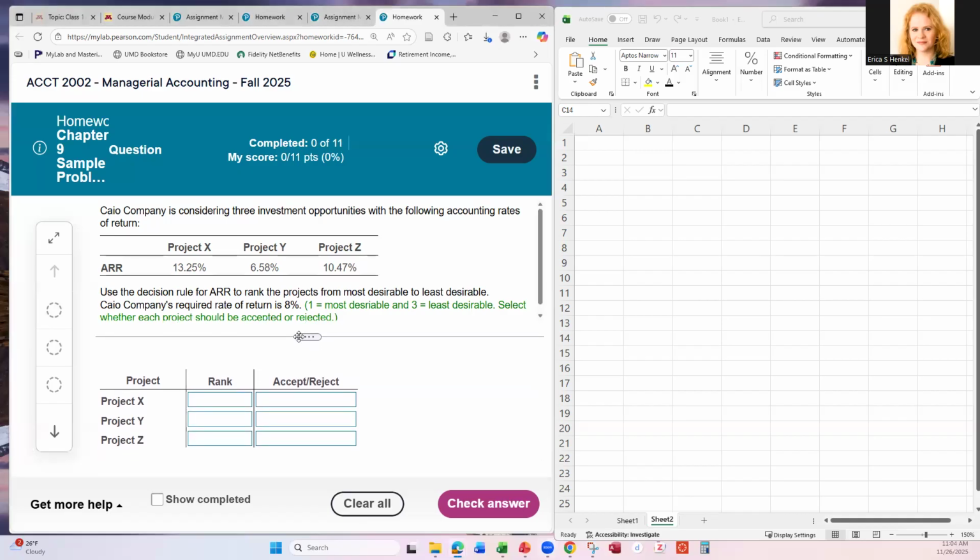I would like you to take a moment to think about which ones are acceptable versus not acceptable based on an 8% required rate of return. So it shouldn't take too long here.